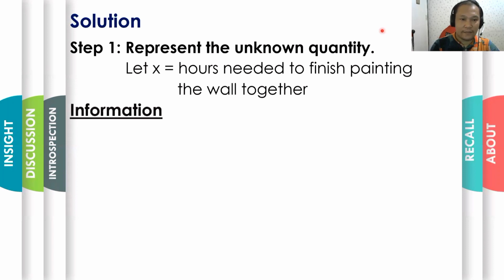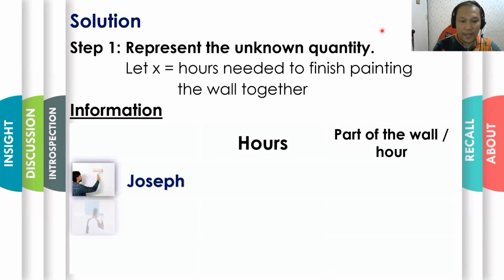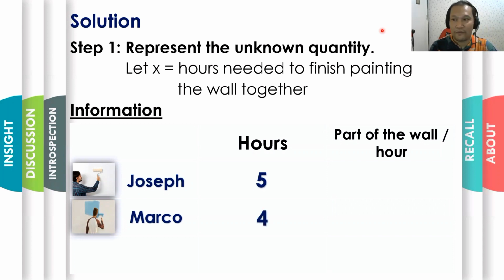Okay? Then, the information that we have, remember we do have Joseph and we do have Marco. Joseph can finish painting the wall in 5 hours, while Marco can do the same job in 4 hours. Meaning to say, in an hour, the part of the wall that Joseph can paint is 1/5, while Marco is 1/4.